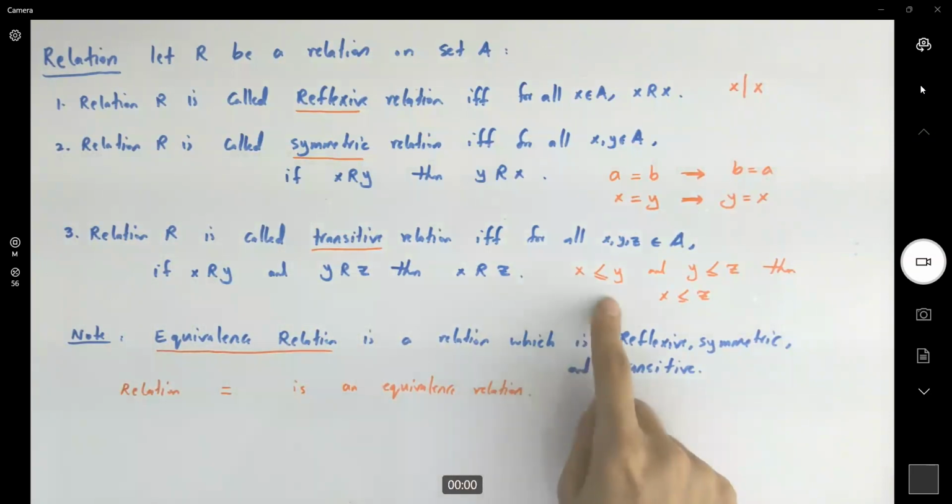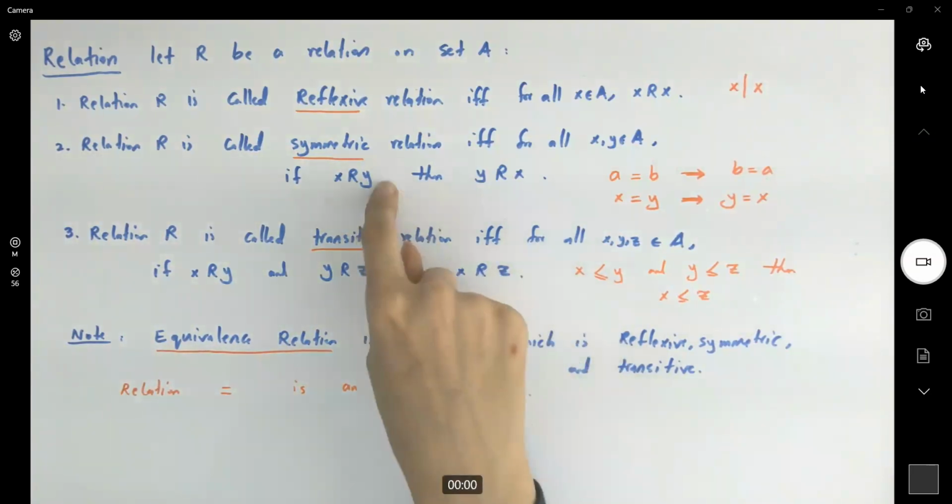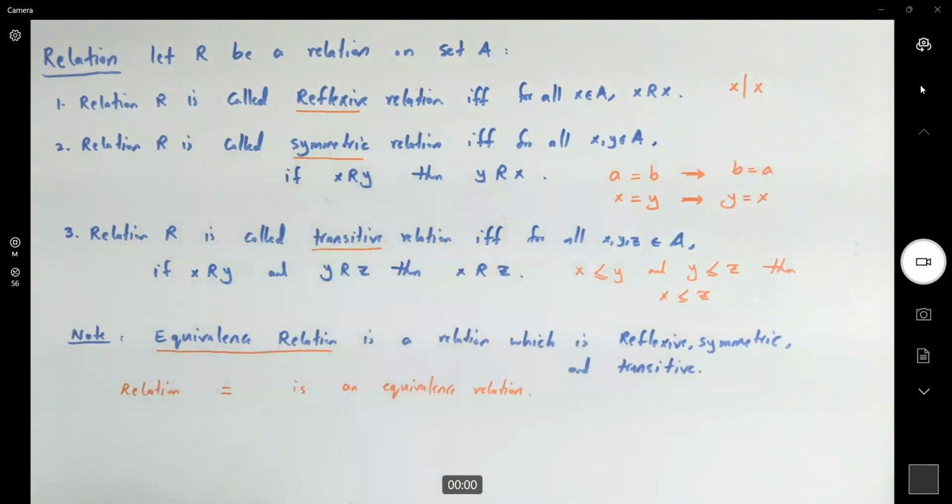Being less than or equal to, this guy is not symmetric, so it doesn't satisfy the condition for an equivalence relation. So not all relations are equivalence relations. You need to check each one of these separately.